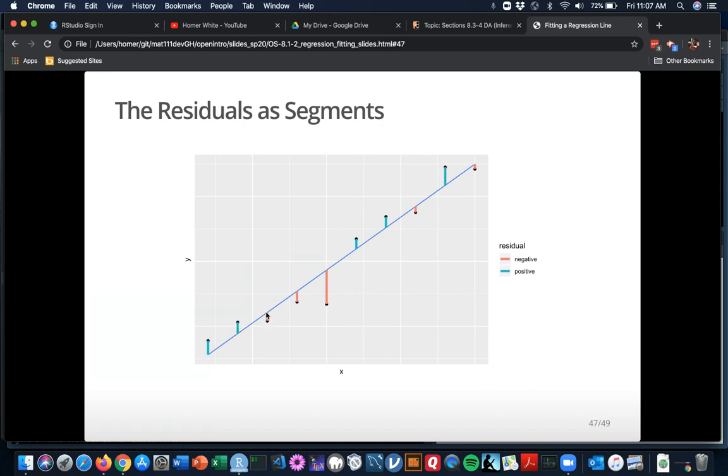Here's a negative residual where the y3 is less than the y3 hat. The y4 is less than the y4 hat. And here's like the biggest residual we see, where the y5 was less than the y5 hat. And so on for the other 5 points. There are 5 residuals that go along with them. Okay.